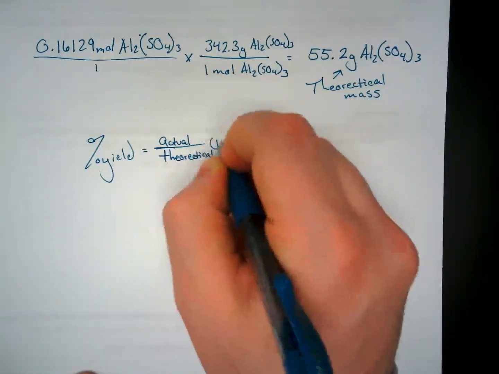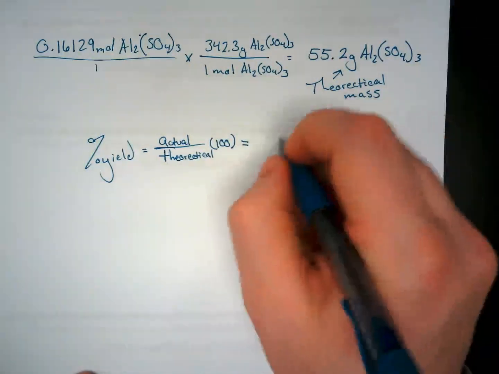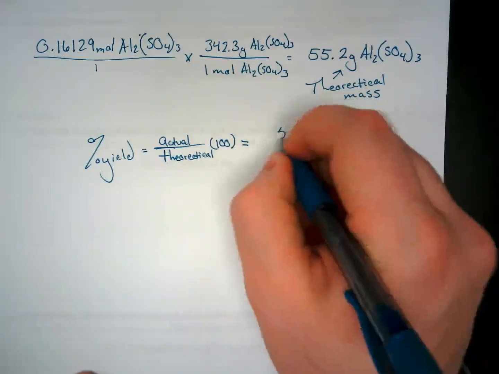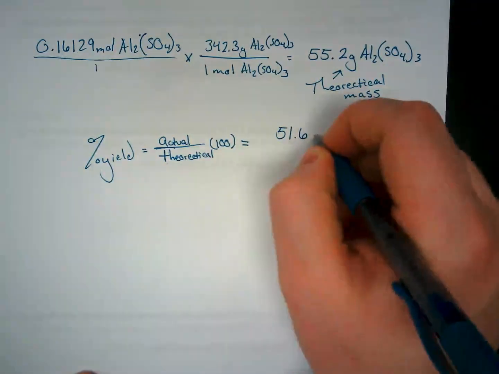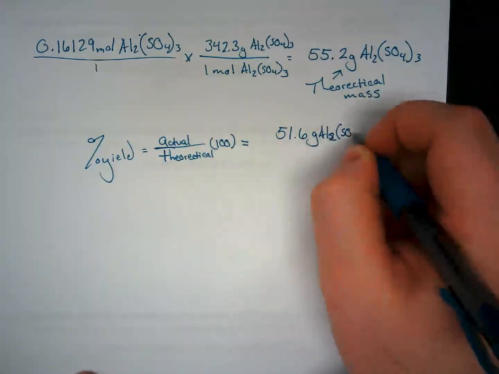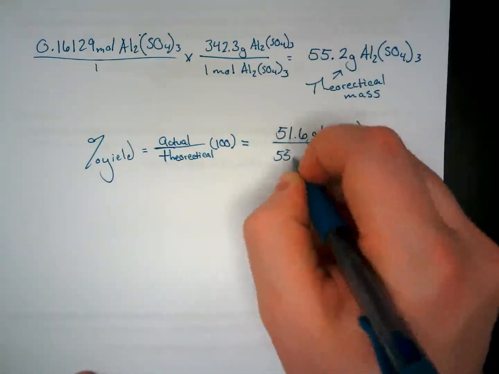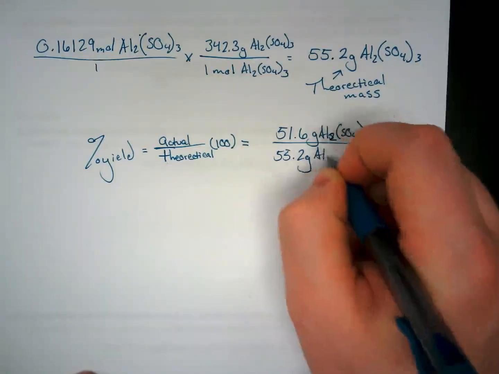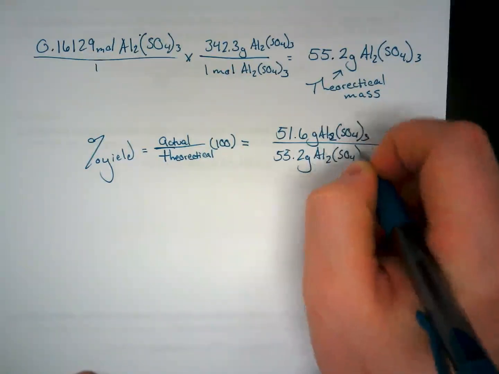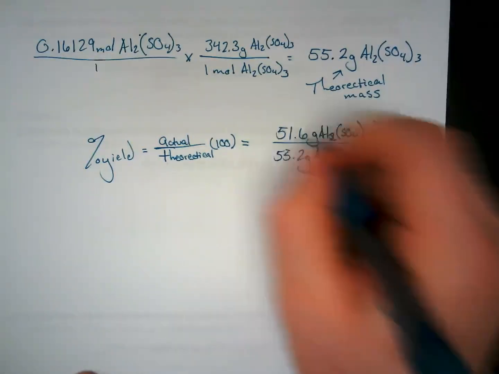times 100. Okay. Which is going to, when we plug it in here, it's going to turn into 51.6 grams of aluminum sulfate divided by 55.2 grams of aluminum sulfate. It'll be all multiplied by 100 afterwards.